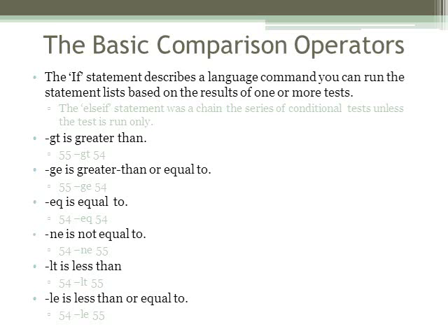Now GT is greater than, for example, 55 is greater than 54. GE is greater than or equal to, for example, 55 is greater than or equal to 54.